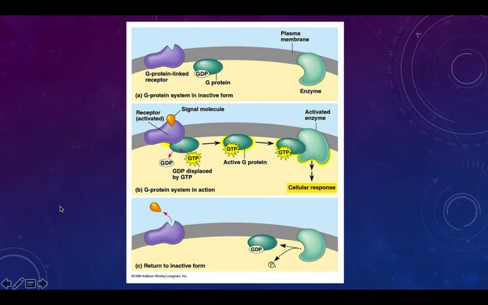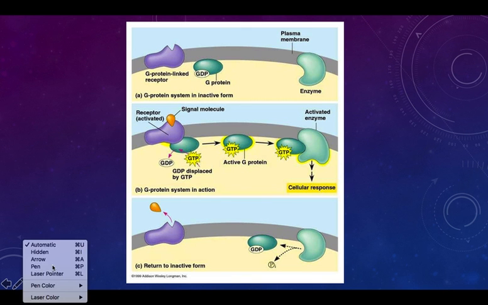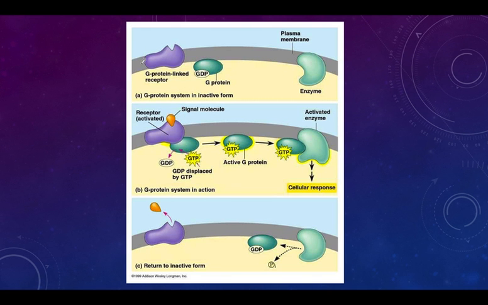As a general mechanistic overview, there's basically a G protein linked receptor, and it's also called a 7TM receptor because it traverses the membrane 7 times. In inactive form, there's a G protein coupled to a GDP sitting right beside it.